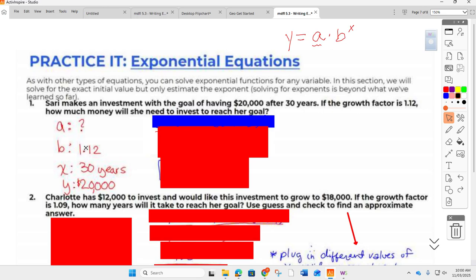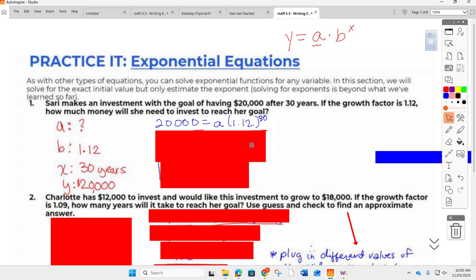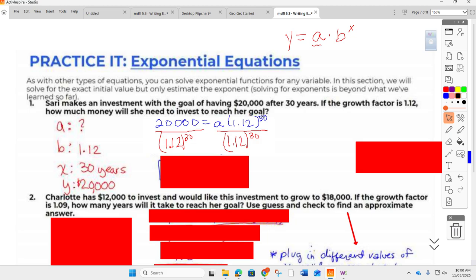Okay. So let's see. If we want $20,000 and that goes in our Y spot, we don't know what the initial value is. That's what we're trying to figure out. Times the growth rate raised to 30, right? So the way this one is easy, we can just divide away the 1.12 to the 30th power. Remember, the goal is to get A by itself.